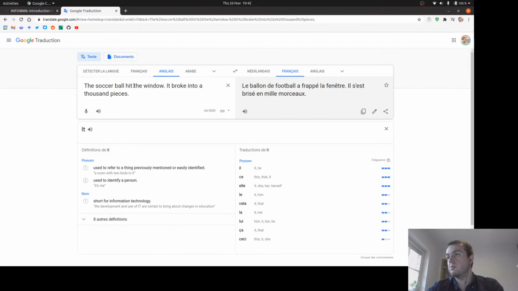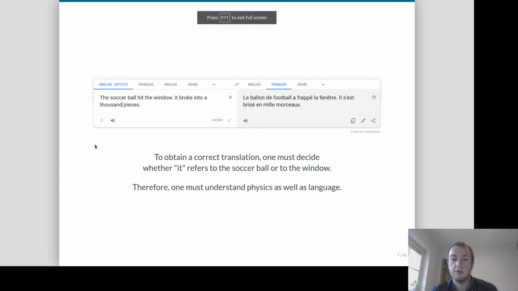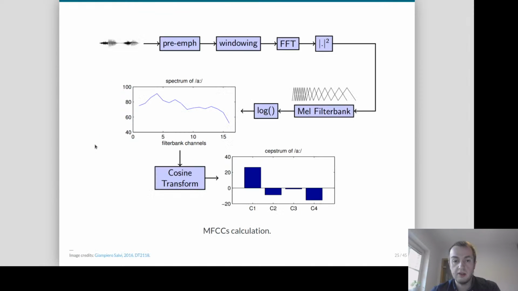And I could reformulate the sentence in the other way around, such that this rule is satisfied. I could still trick the system anyway. All right.